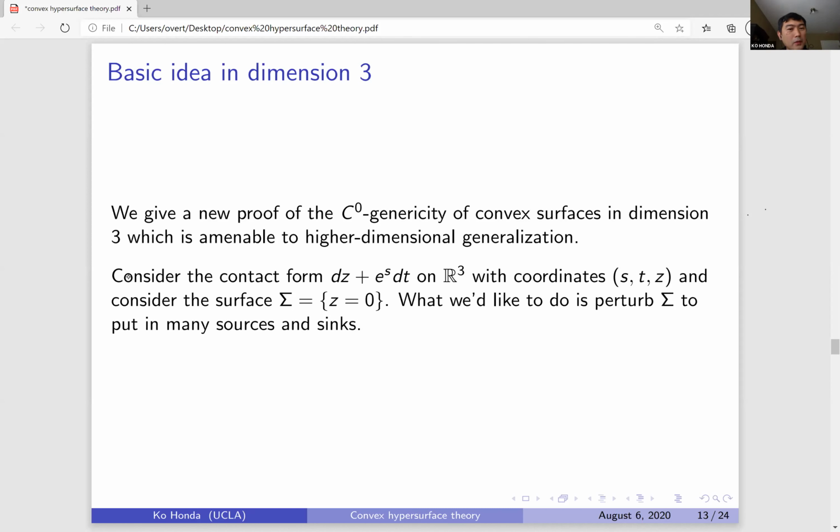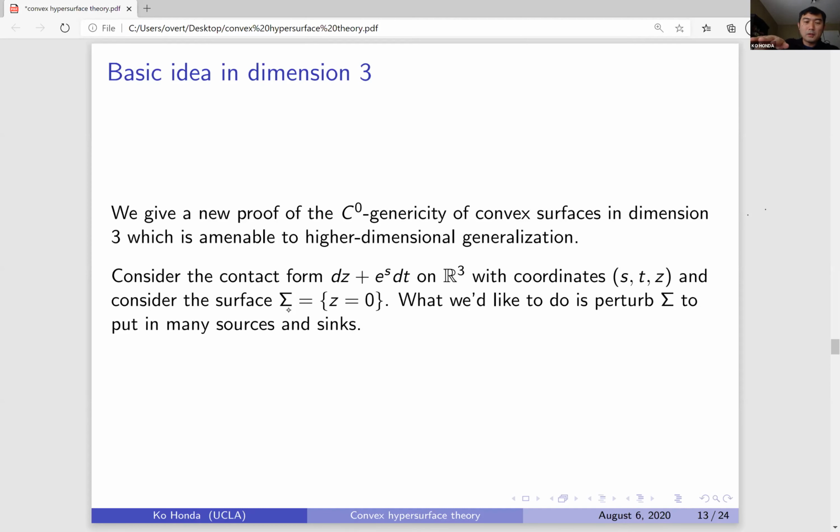And we consider the surface sigma equals z equals 0. So my hand is going to be the xy plane, and this will be the z direction. And so this is the surface. The contact structure is going to be doing the following thing. It's called the propeller picture.